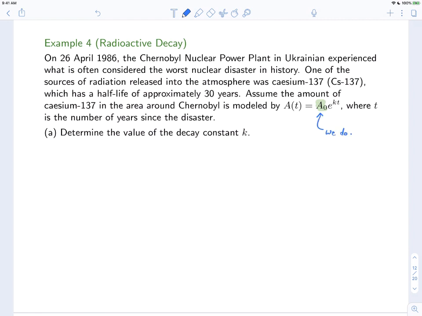We do not know this value, but that's okay. We're still going to be able to determine the value of k. So how are we going to go about doing this? Well, what do we know? We know that the half-life is approximately 30 years. So half-life, let's just write it down, is approximately 30 years.